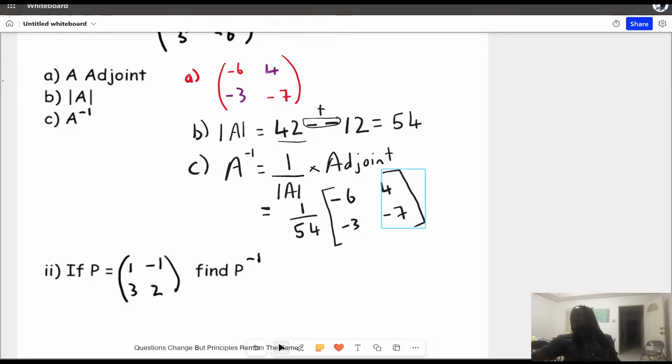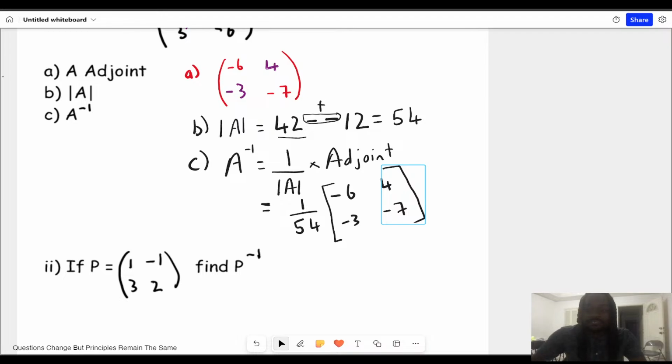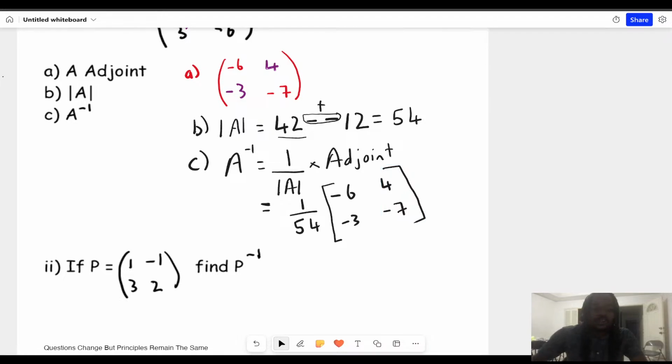I know a lot of teachers have this habit of telling you that, oh no, you have to multiply what's on the inside by the fraction on the outside. CSEC does not matter about that. So when you're working this out, if you leave your answer like that with the fraction on the outside, you're perfectly correct.